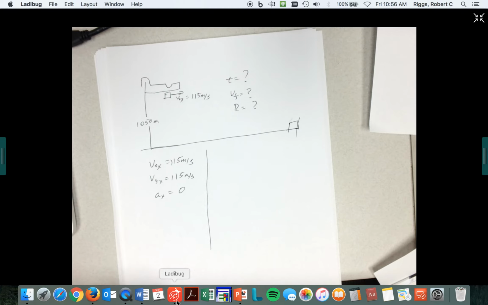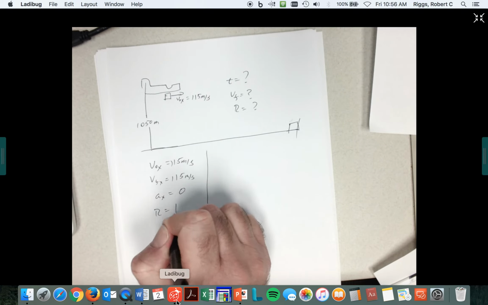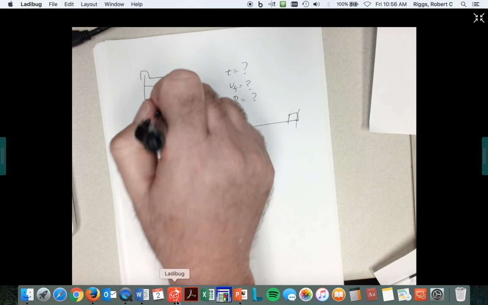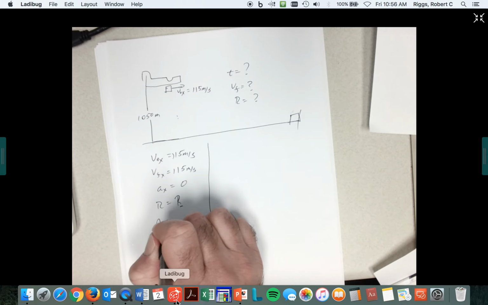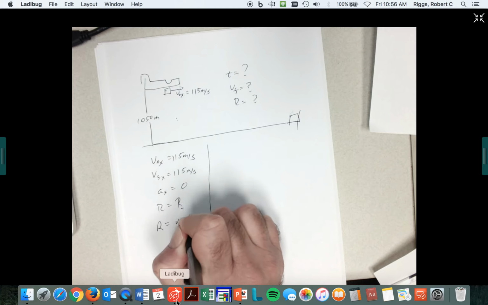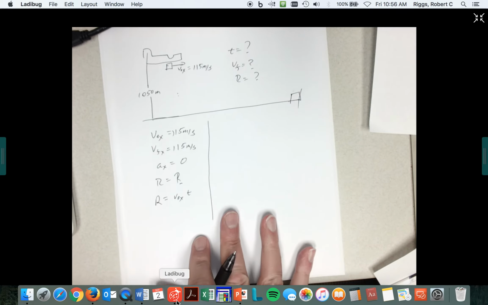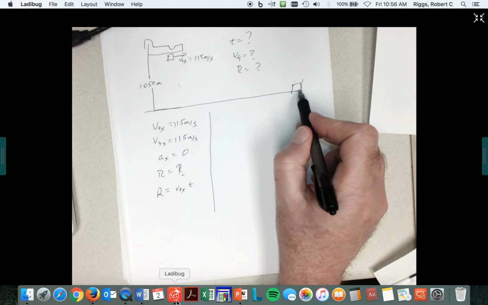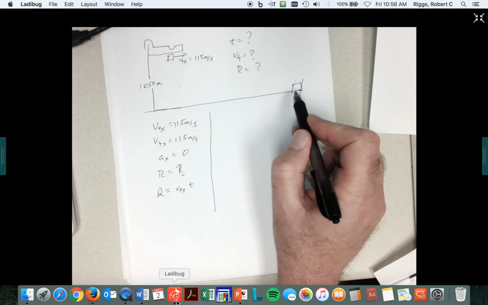The range I don't know, but once I find out the time in the air, the range is real easy: v naught x times t. It's at a constant velocity, so I know how far the range is.